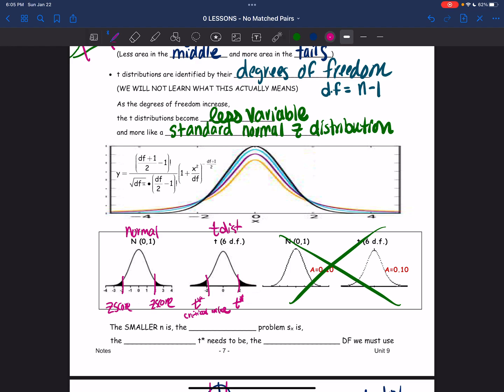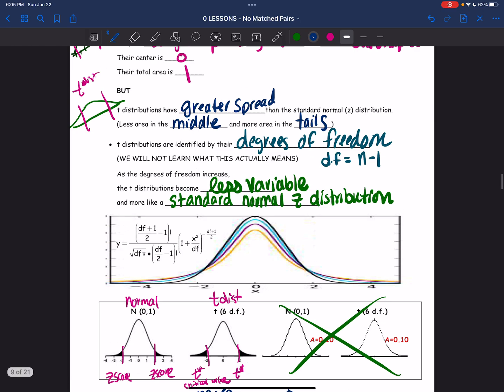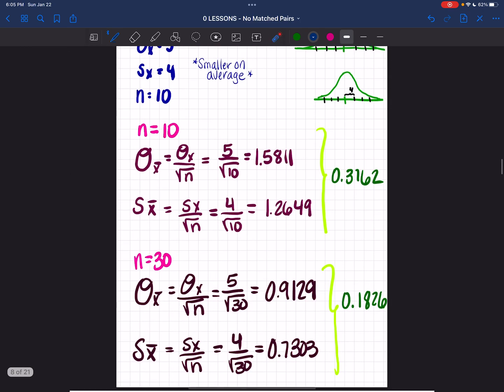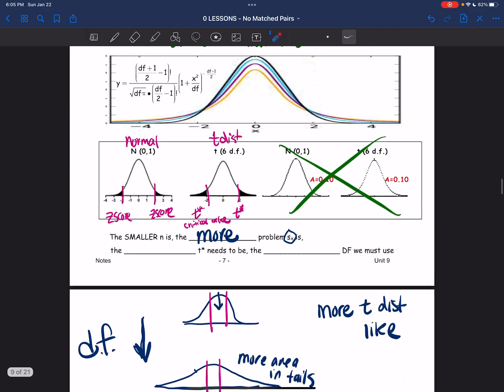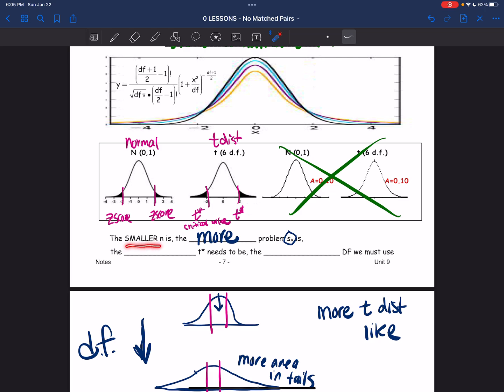Okay? So with that being said, the smaller the n is, the more of a problem this is. And look up here. The smaller that my n was, the more these were off from each other, right? This has a bigger difference than this one. So the smaller n is, the more of a problem we have.